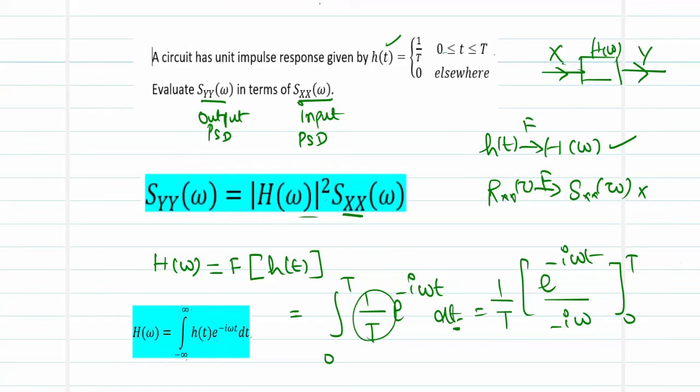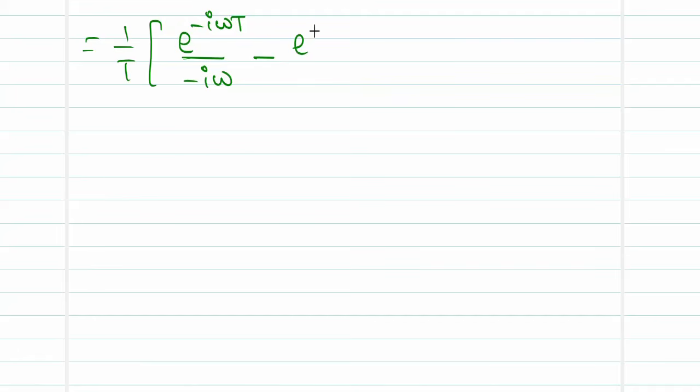Now what happens in our next slide? You apply the limit, 1 by T. When you take the upper limit, e power minus j omega small t becomes capital T divided by minus j omega. The lower limit becomes e power minus j omega of 0 divided by minus j omega. So now this can be rewritten: minus of minus makes it plus, so this becomes the first term.